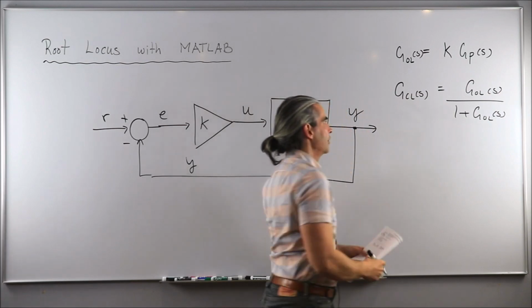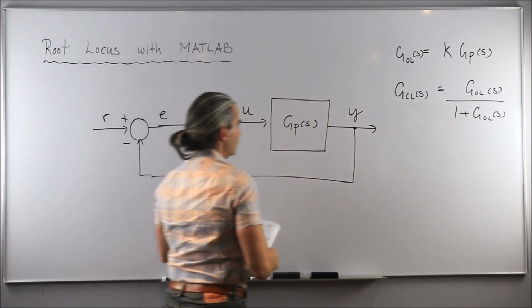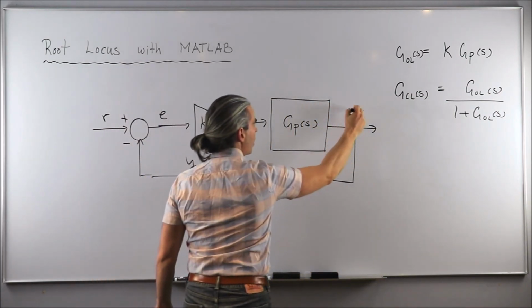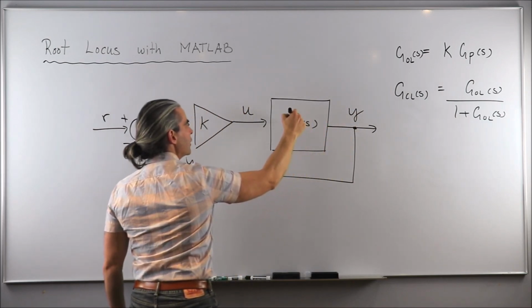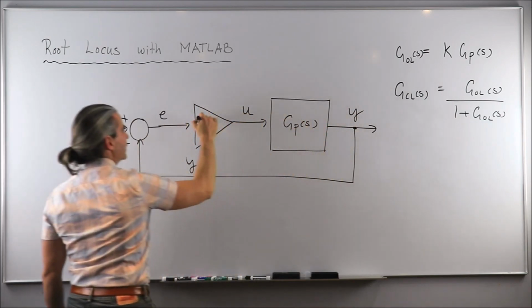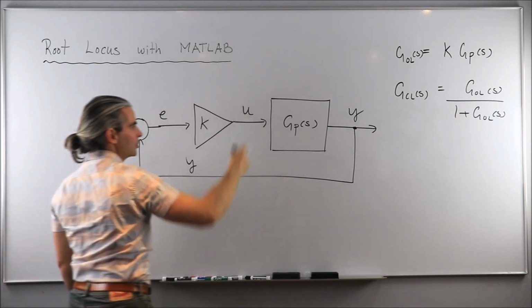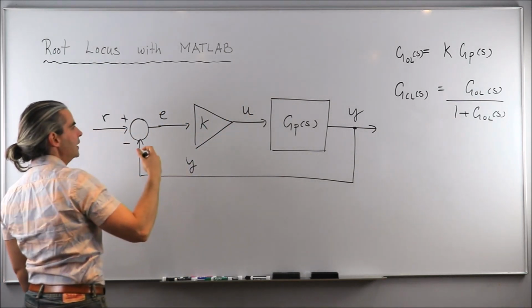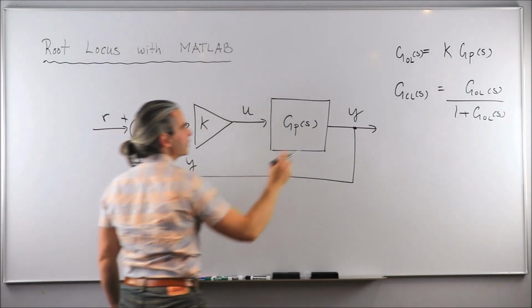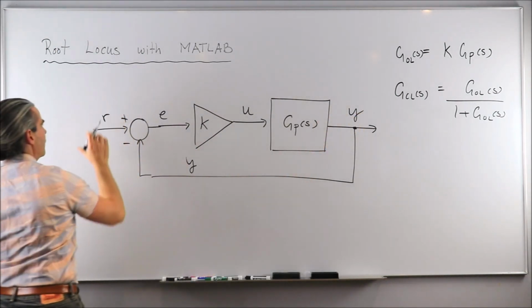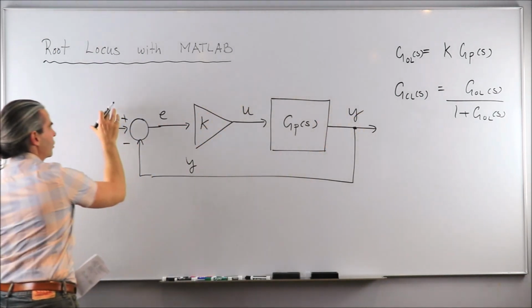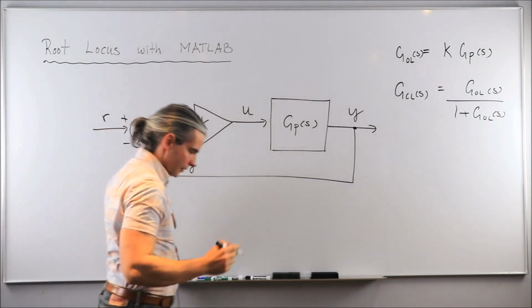And if you're not sure how to get that, you could just write all the signals. So Y is equal to G of P times U, U being K times error, error being R minus Y, and then you solve for Y on one side, and then you obtain the transfer function between Y and R as being the global output and global input of everything.